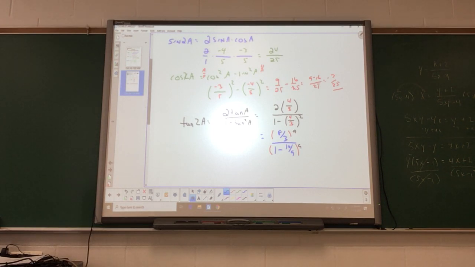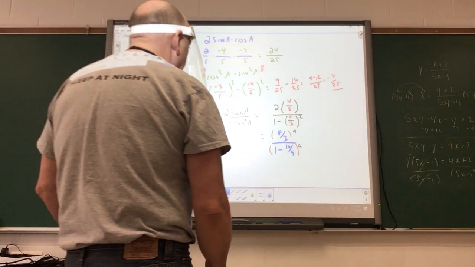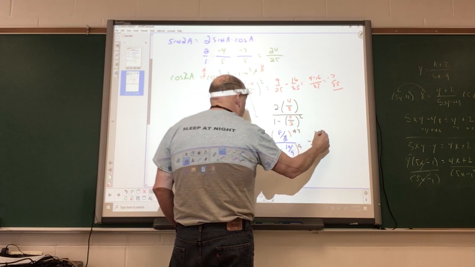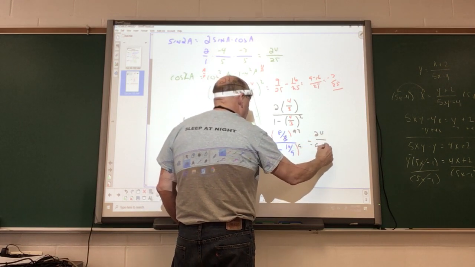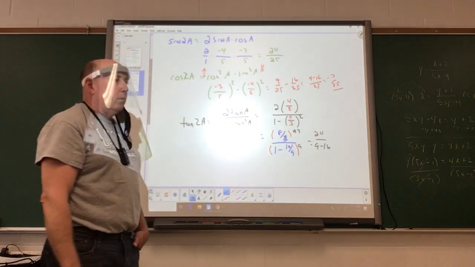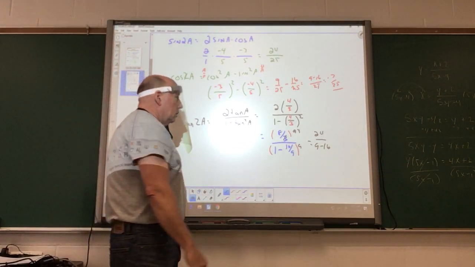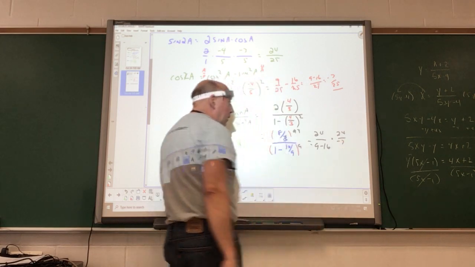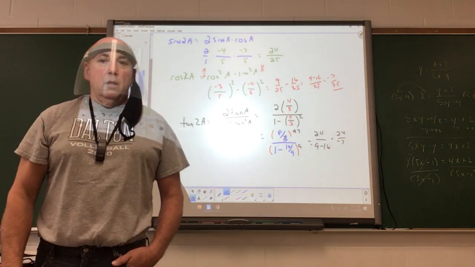Okay, and divide them out, hit your math button, hit enter, it will take you back into a fraction. If you want to multiply top and bottom by 9, we had 24 on top, and then 9 minus 16 on the bottom. Or 24 over negative 7, or negative 24/7.